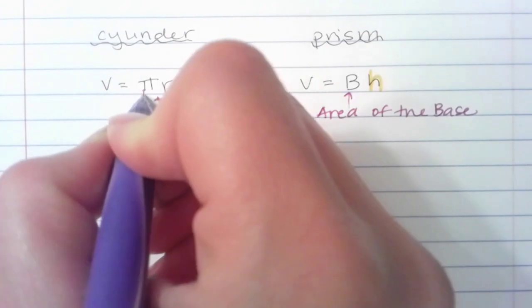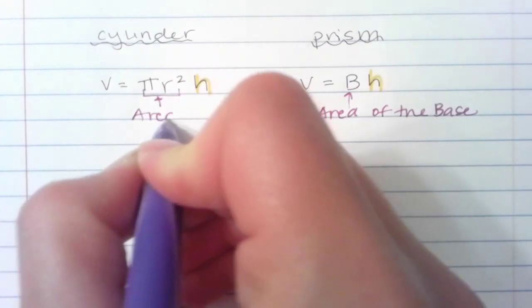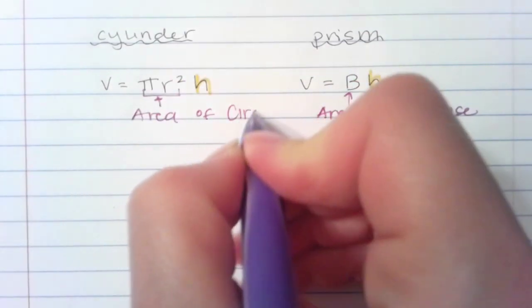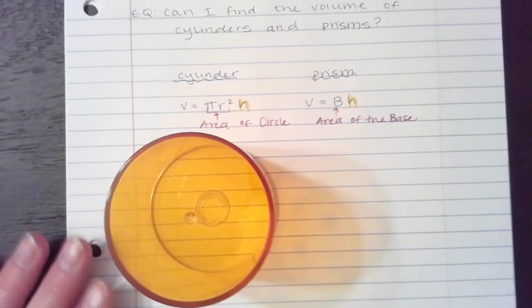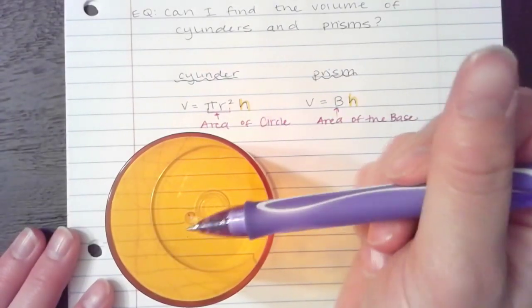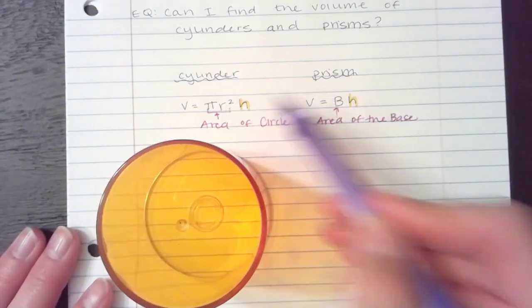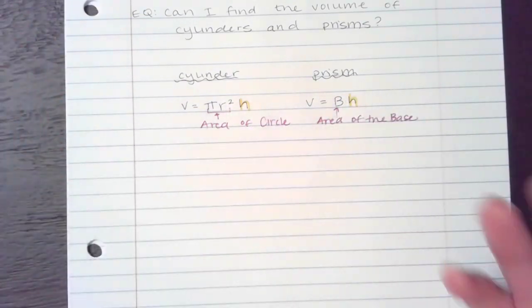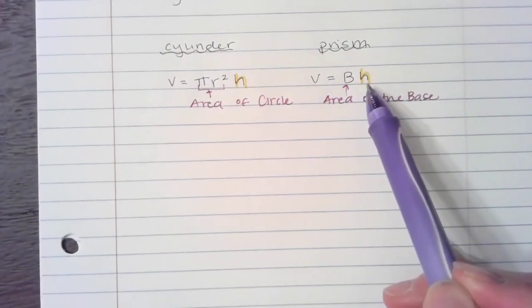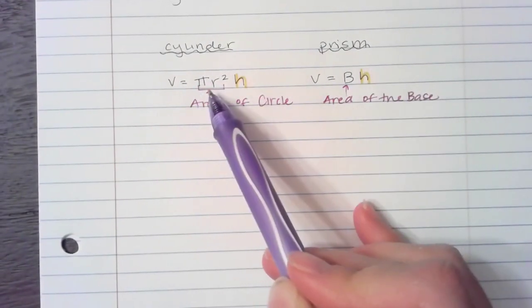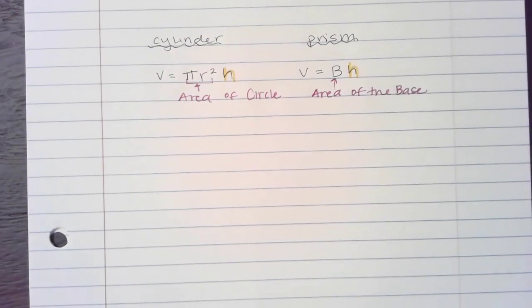And this right here is the area of a circle. And that's because in a cylinder, guess what the base is? It's a circle. And so that's why the formulas are exactly the same. If you only memorize the prism formula, you would be good to go because you know that the base is a circle. So you wouldn't have to have that memorized.